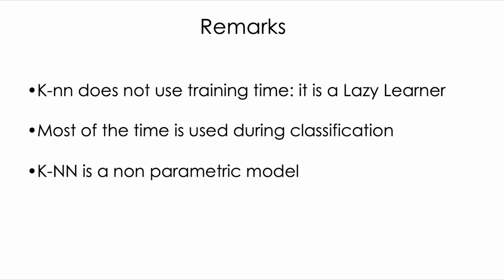We can also see that the value of K can be considered a hyperparameter for the k-nearest neighbor model. And the actual parameters that the model uses strongly depend on the training instances, because that is what essentially affects the prediction time.